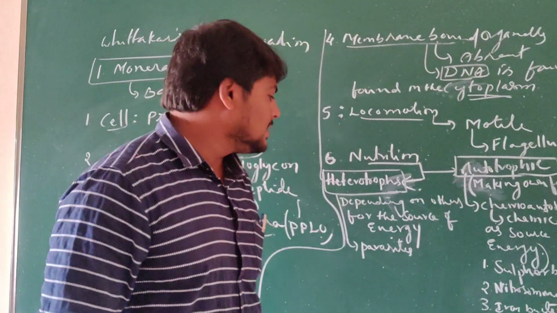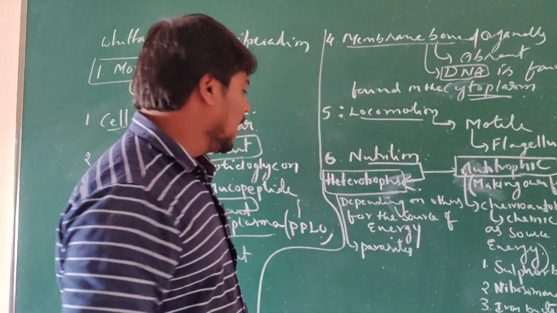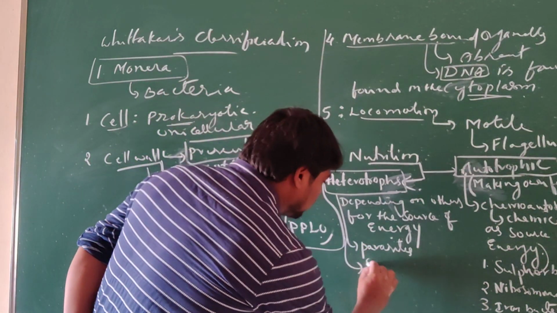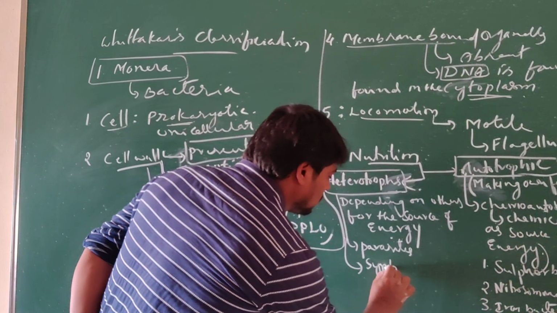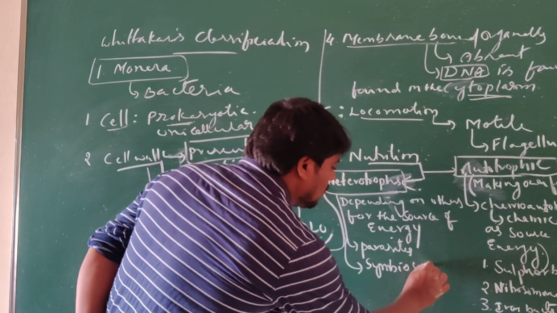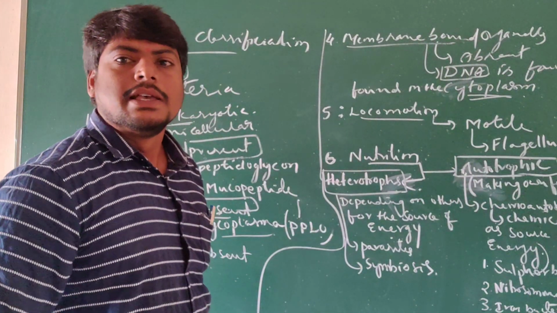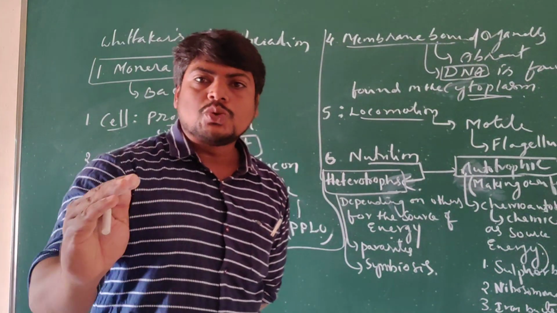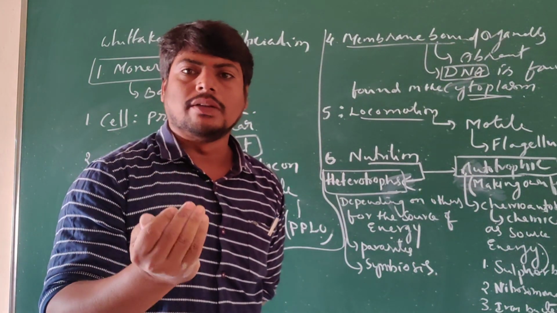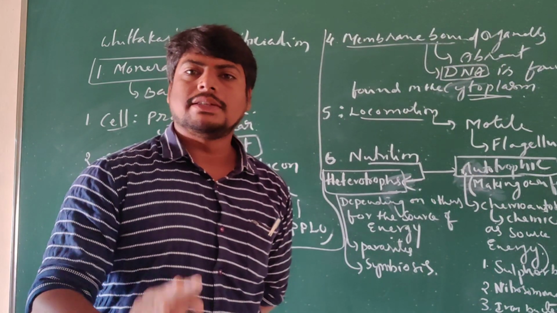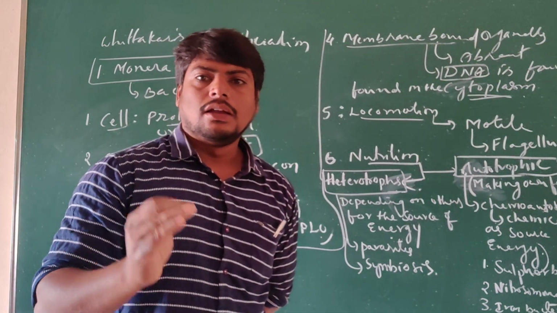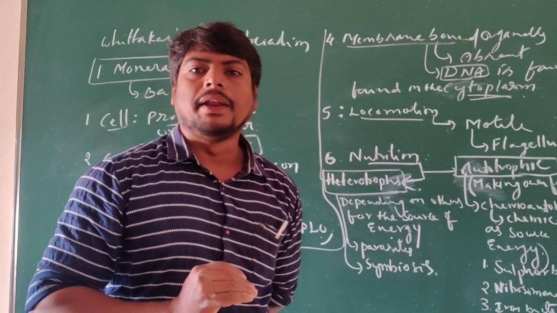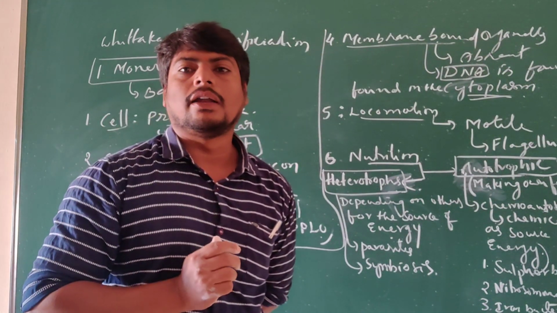That is one type of nutrition. And also we can see symbiosis. Symbiosis means mutual understanding for the source of energy; for mutual benefit, they are exchanging materials with different organisms.